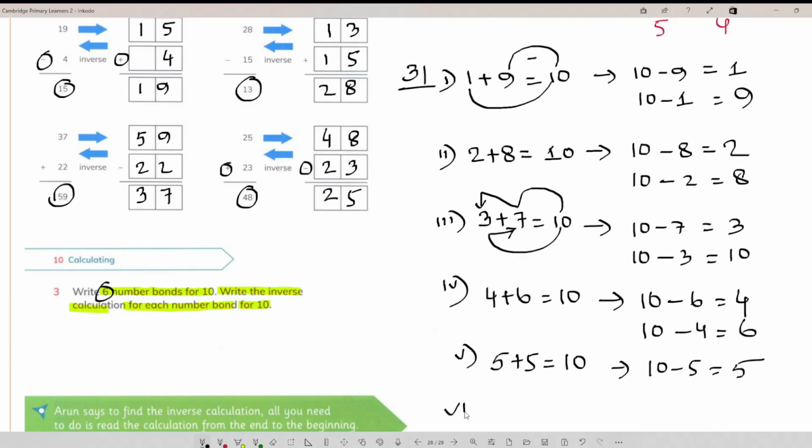And finally, number 6. We can write, suppose 6 plus 4 equals 10. It means what? We already did this one. It means 10 minus 4 equals 6. Similarly, 10 minus 6 equals 4.